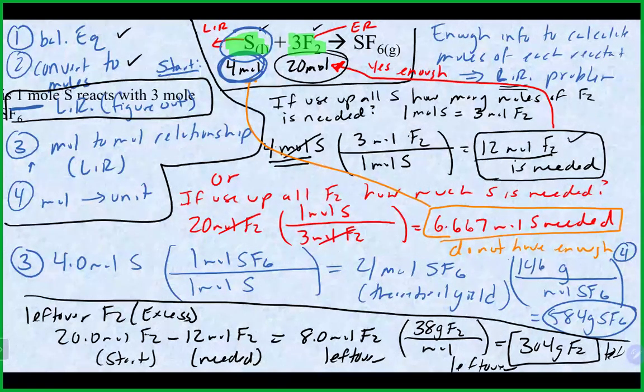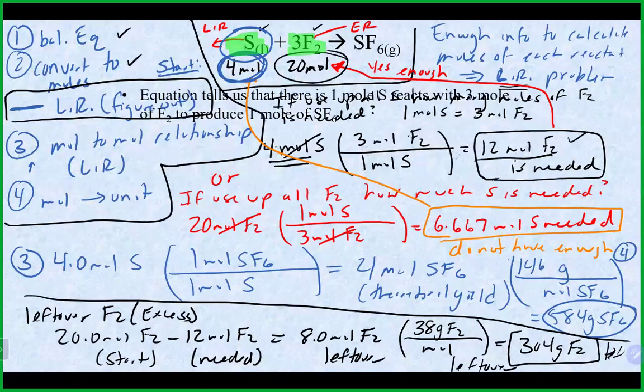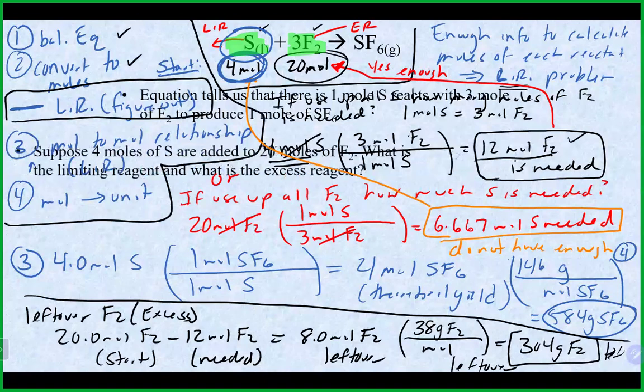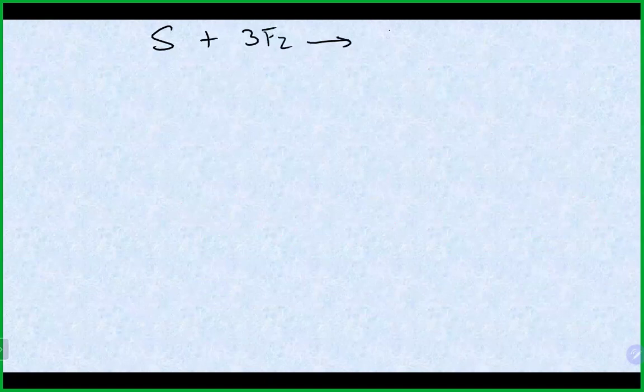So let's just use this one for an example here. We got S plus 3F2 giving us our SF6. And in this case, we started with 4 moles of this one and 20 moles of this one.